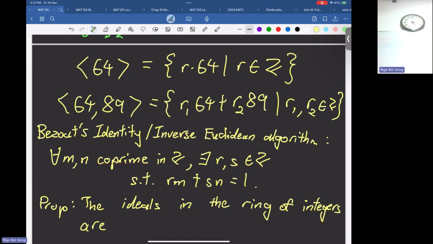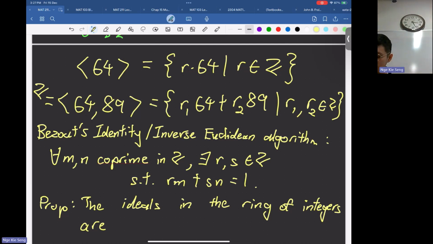Meaning you have already considered all the possible linear combinations, so this 1 is also inside your ideal. If 1 is inside our ideal, this ideal is equal to the whole ring. In fact, this is the whole of Z. So if you have 64 and 89 together, you get the whole thing back.